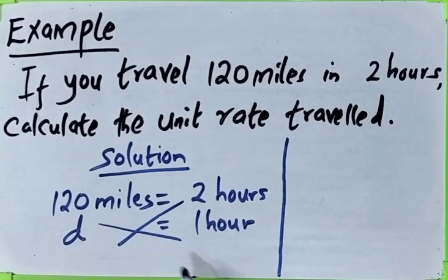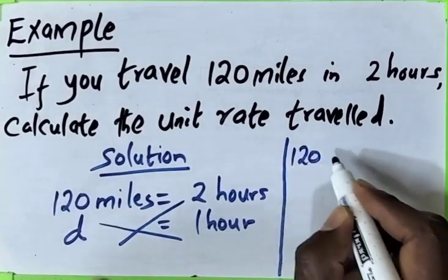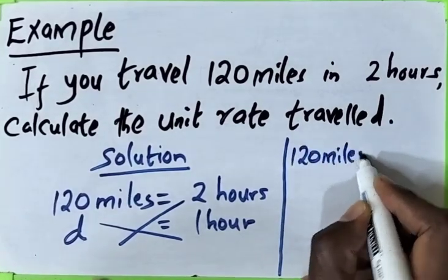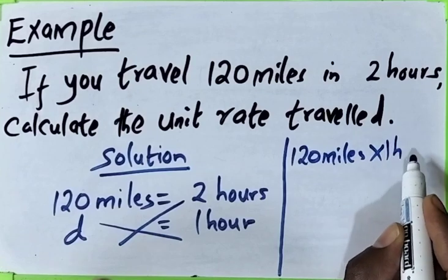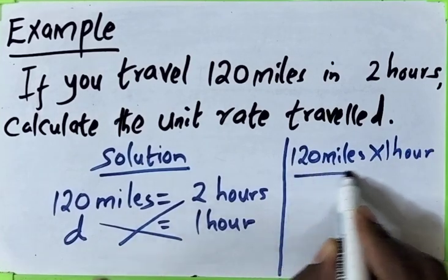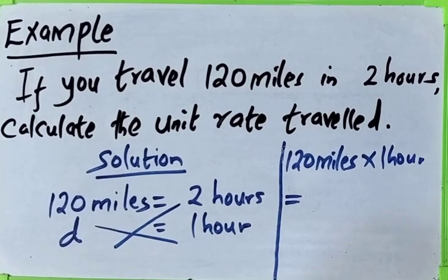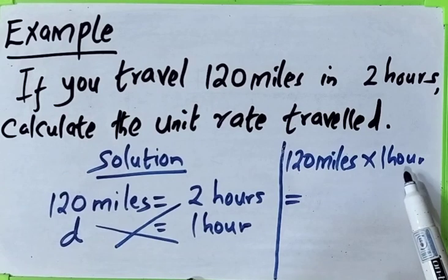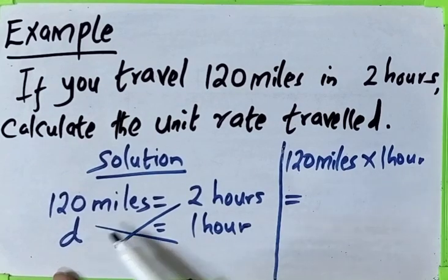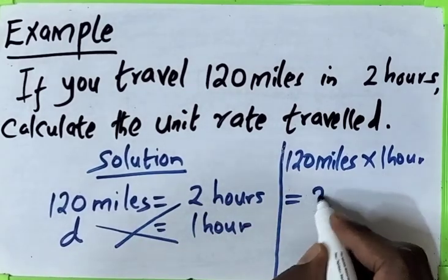Cross multiplication means we are solving for the value of d. 120 miles times 1 hour is equal to 2 times d, which is 2d.